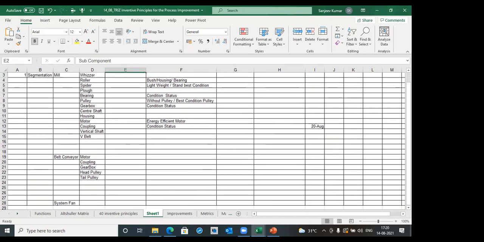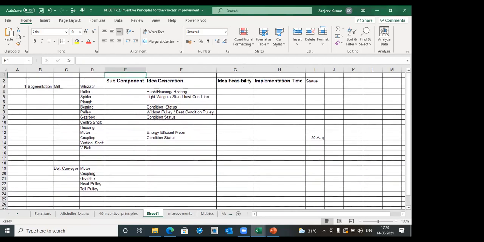Okay. So when you write down the exact ideas, you don't write bush bar, housing bar, bearing. You write the ideas individually. Idea one can be to go with a bush roller. Idea two can be the roller with bearing. Like this, you write for one part.